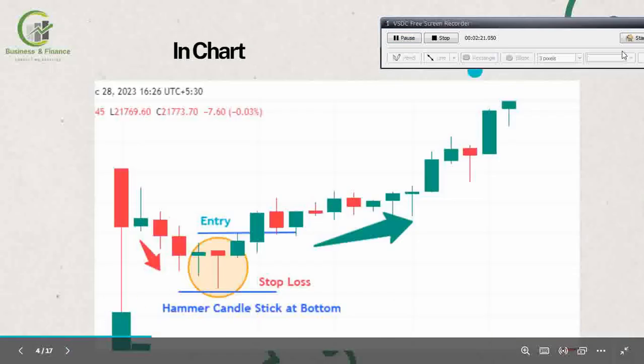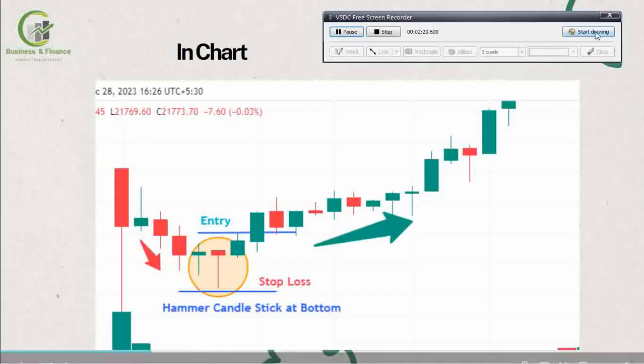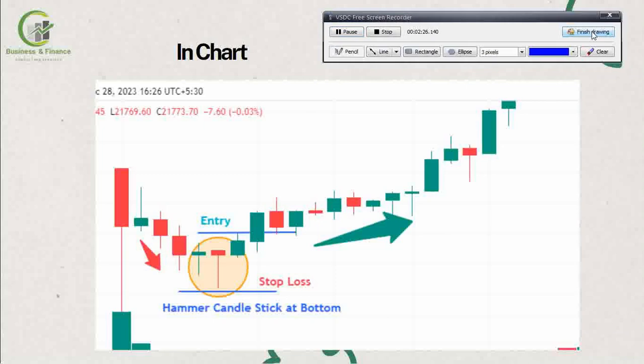Now, how do we use this candlestick pattern while trading? Let's say the market is in a downtrend and suddenly a hammer type candle forms, as you have seen here. But we should not trade directly after seeing that hammer candlestick.